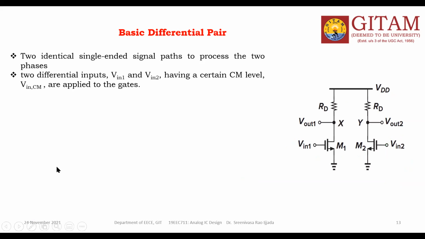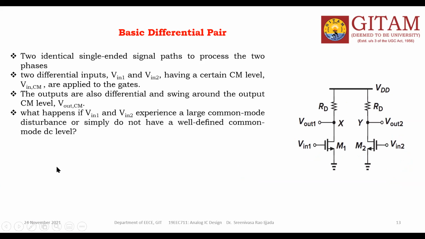Now, what happens if Vin1 and Vin2 experience a large common mode disturbance, or simply do not have a well-defined common mode? Suppose Vin1 and Vin2 experience a large common mode disturbance.